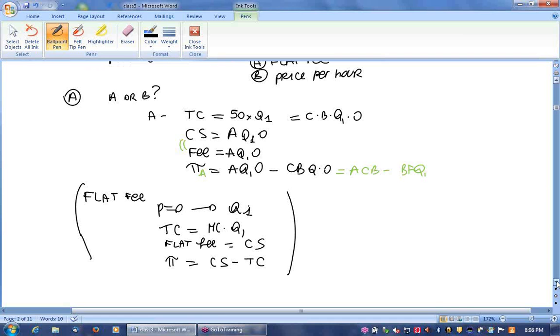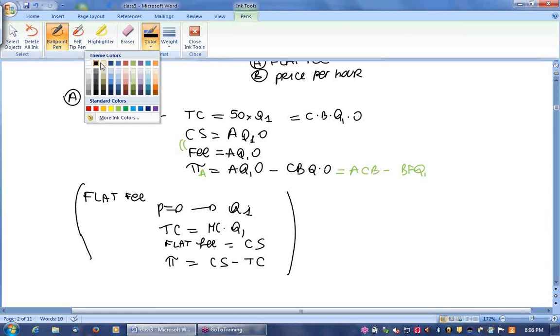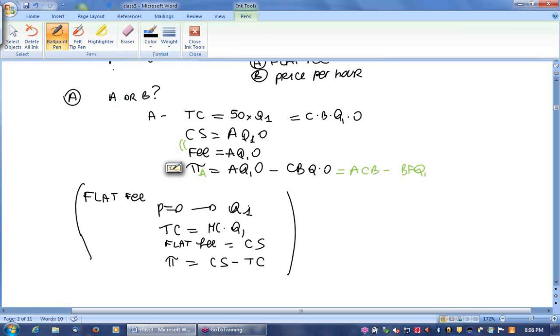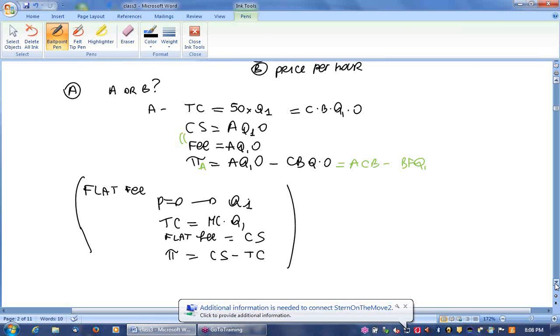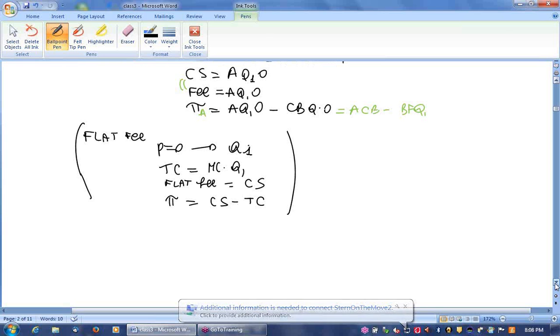So B, the other pricing scheme. Now here, under the second pricing scheme, we have the usual monopolist problem where the monopolist wants to find the optimal price per hour.